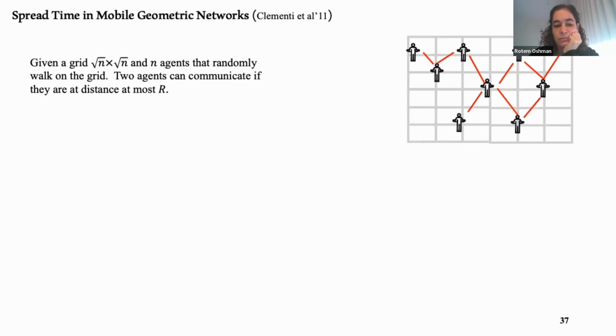Every two agents can communicate if they are within distance at most r from each other, where the distance is measured by the Euclidean metric. In graph terminology, at any time we have a communication graph where the vertices are the agents and there is an edge between two nodes if they are at distance at most r from each other in the plane.